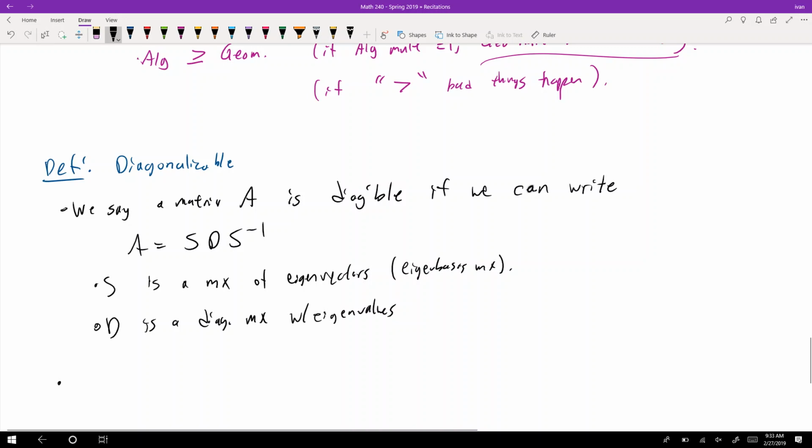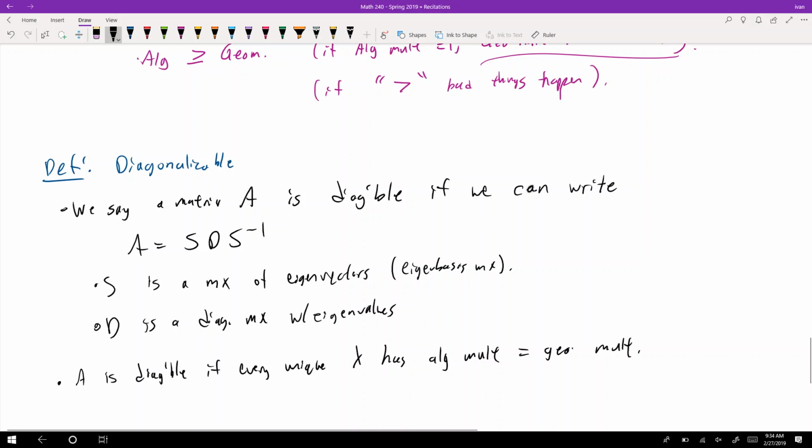And what's the condition? The condition for it to be diagonalizable: A is diagonalizable if every unique lambda, or every unique eigenvalue, has algebraic multiplicity equal to the geometric multiplicity.